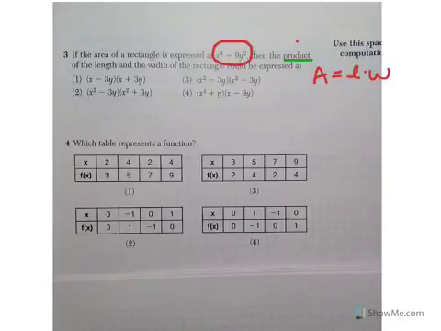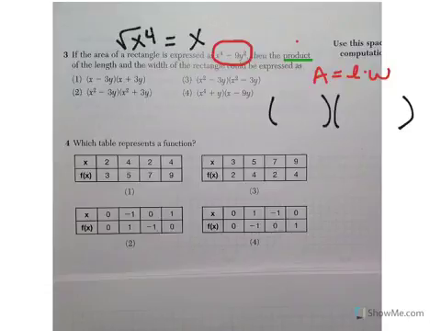So what we need to do is figure out which two binomials could multiply together to give us back what we started with, the x to the 4th minus 9y squared. To do that, we're going to factor. If I factor x to the 4th minus 9y squared, I notice that this is the difference of two perfect squares. If I take the square root of x to the 4th, I'll get x squared.